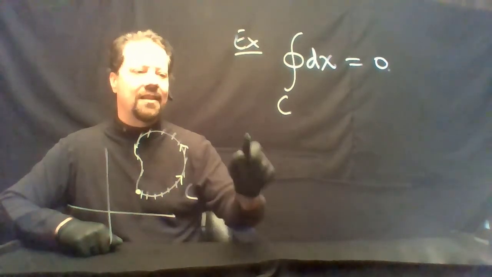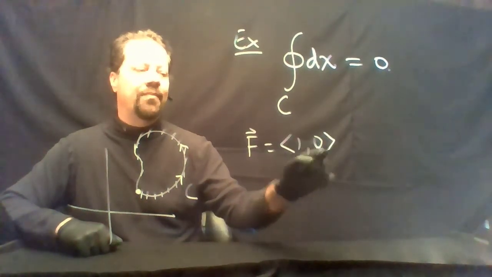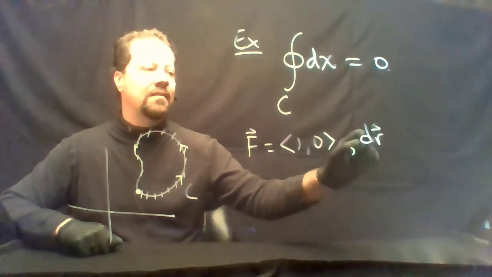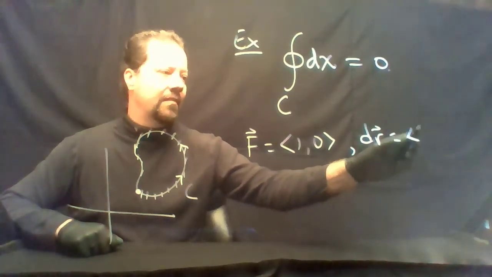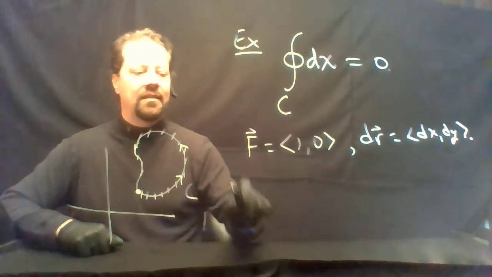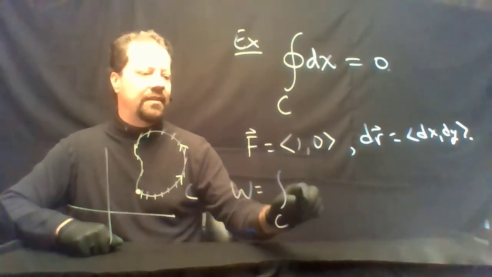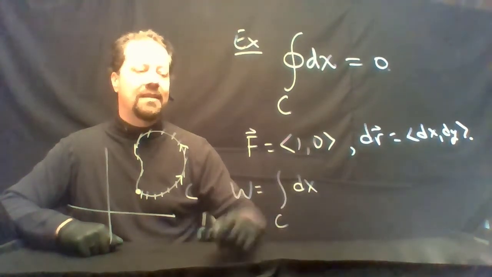There is another way to see this. Consider the vector field 1, 0, and let's let dr be dx, dy. The work done in moving this along any curve is going to be just dx.